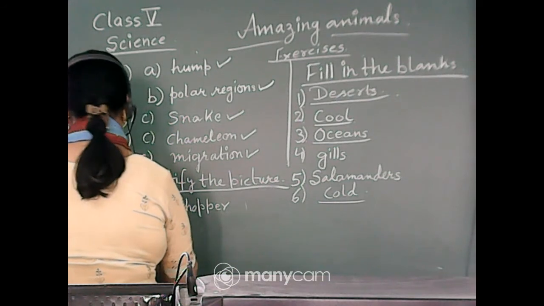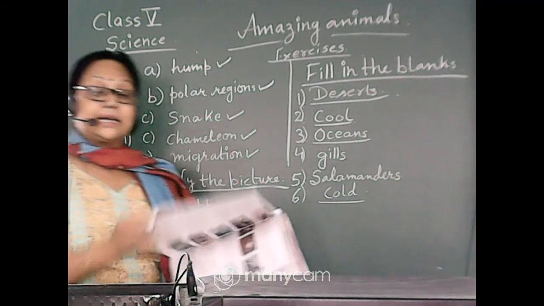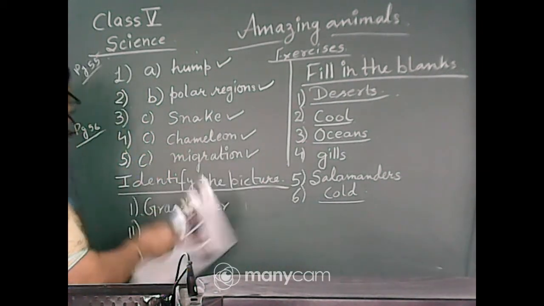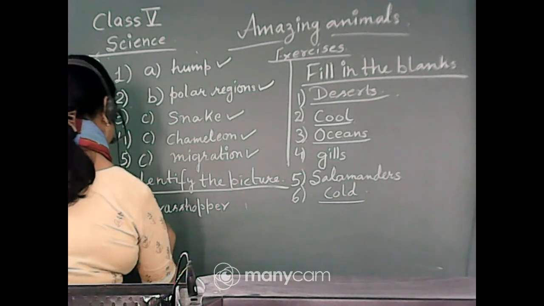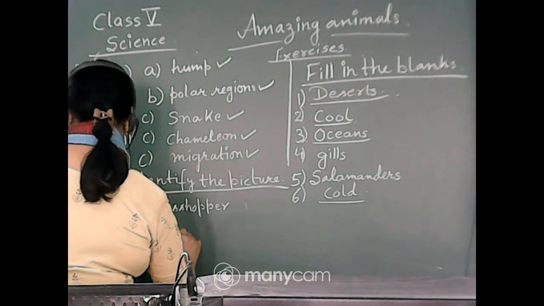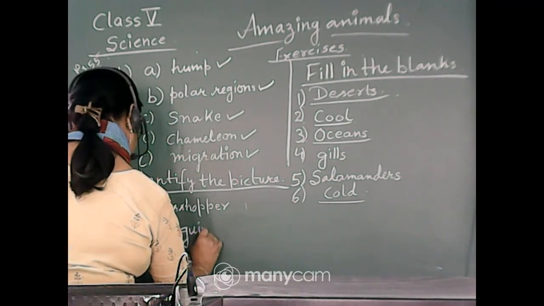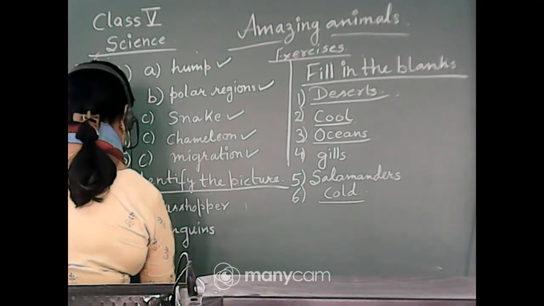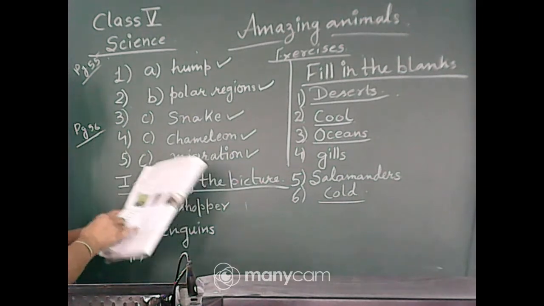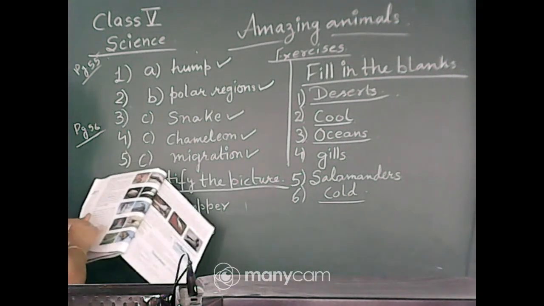What is the second picture? The second picture is actually a penguin, so we will write penguins. And the third picture is a tortoise. So the first one was grasshopper, second was penguins, and the third one is tortoise.